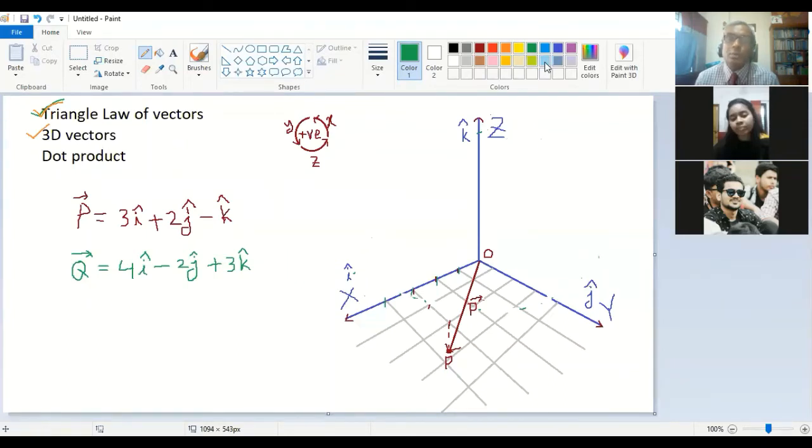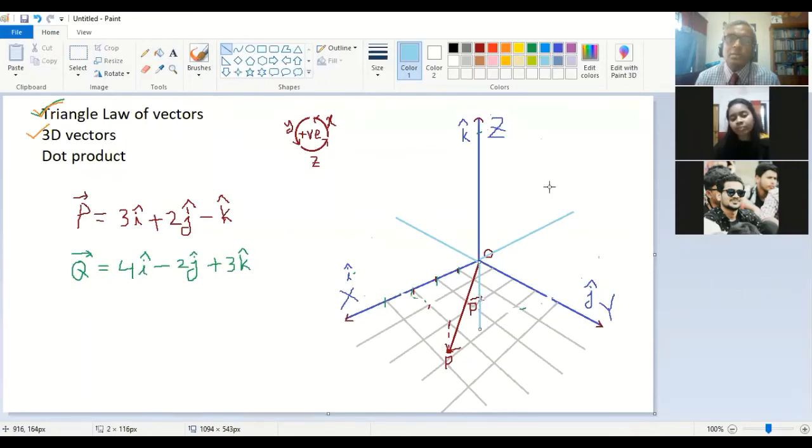If you go to the other side of the x-axis, that will be minus i. If you go to the other side of the y-axis, that will be minus j. And if you go to the other side of the z-axis, that will be minus k.